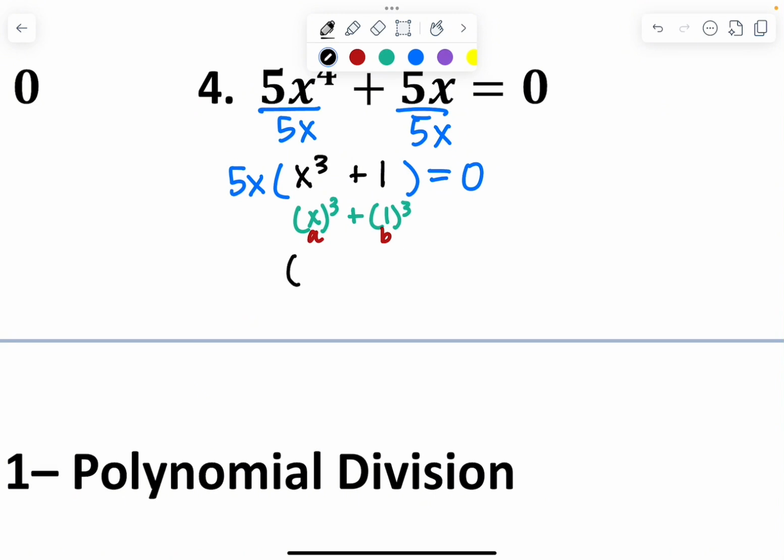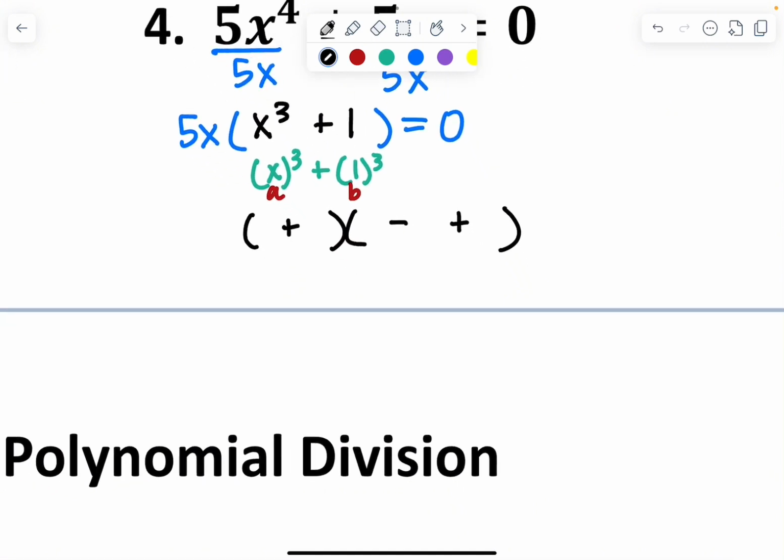And to factor a sum of cubes, you're going to have a binomial times a trinomial. And the signs are going to be the same as the original, so plus, opposite, and then always plus. Okay, and then we're going to fill in these with a, b, a squared, b squared, ab.